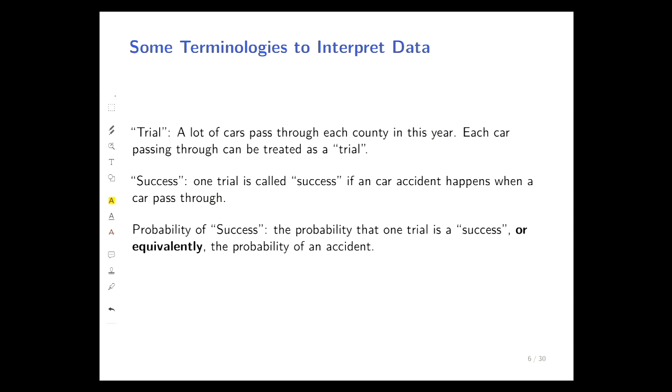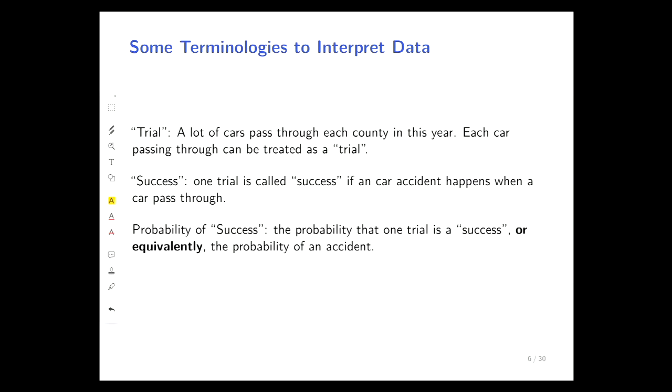Then we have a success, even though it's not exactly a success: one trial is called a success if a car accident happens when a car passes through this county. And the last one is the probability of success, which here is the probability of an accident. That's how we use these terminologies to help us understand it.